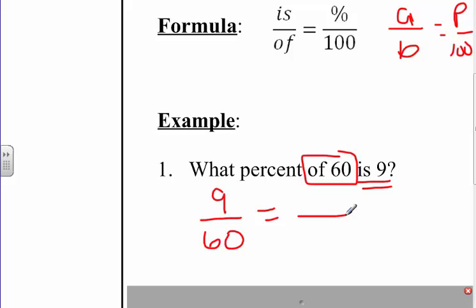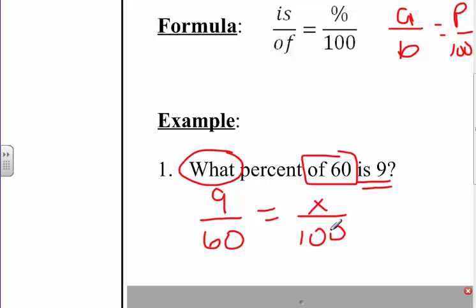In this case, we don't know what the percent is. It says what percent. Since we don't know it, we use an x, and it'll be x over 100. Remember, percent always means over 100.